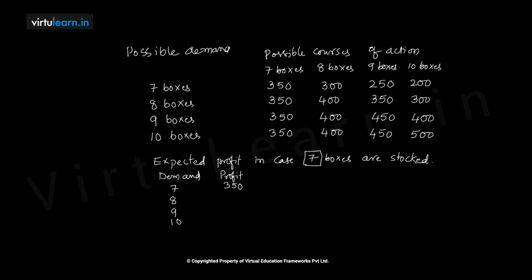So here 350, here also 350. Though demand is 8 boxes, he has brought only 7 boxes which he could sell. So he has got 350 as profit, and then we'll check with probability.